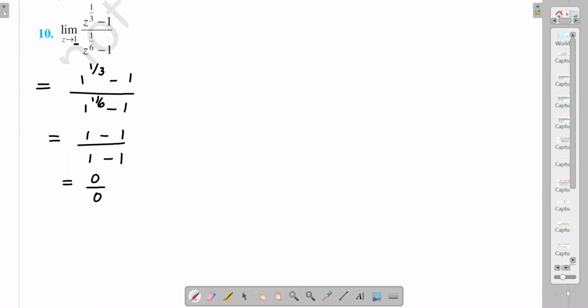So you are getting 0 by 0. Now when you get 0 by 0, what you do, one thing you can do is simplify or factorize the denominator as well as the numerator.